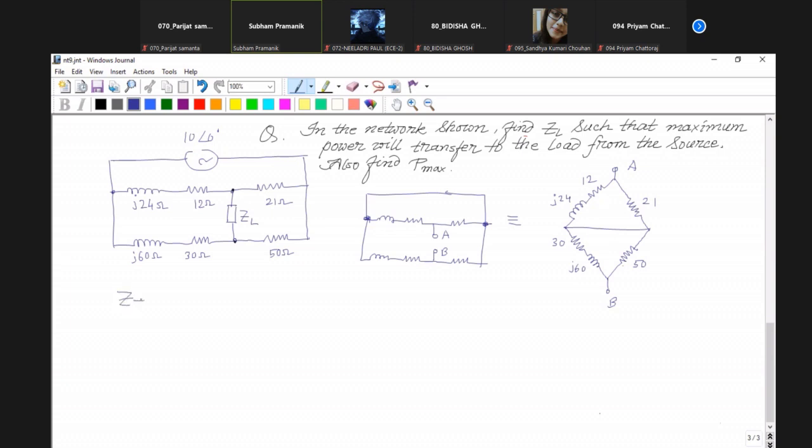So ZTH is 21 parallel 12 plus 24J, in series with the parallel combination of 50 and 30 plus 60J. Find ZTH, you will get some value like A plus JB or A minus JB. So ZL will be the complex conjugate of that.